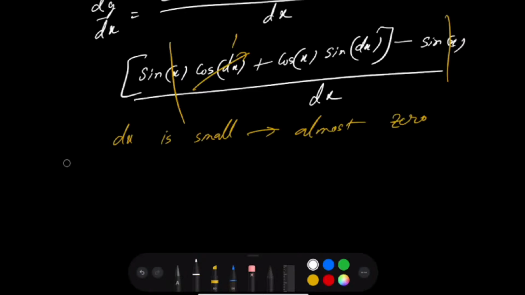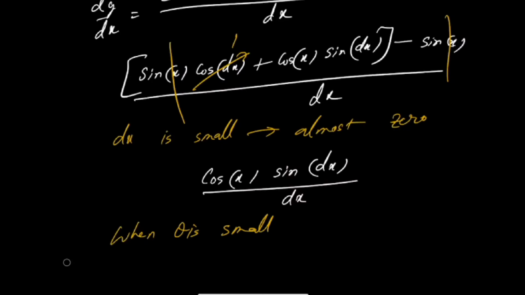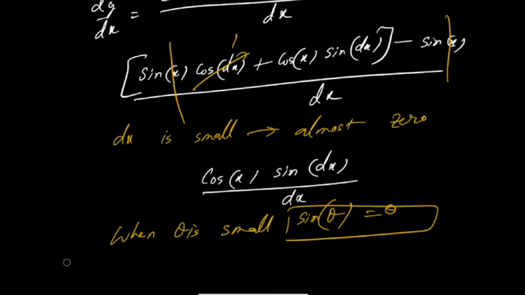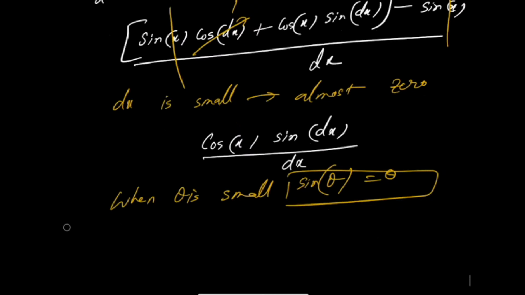So what will remain? This has cancelled, so cos x sin dx by dx. But I already told you, when theta is small, sin theta is equal to theta. Correct? Dx is a small number, that's the property of dx.